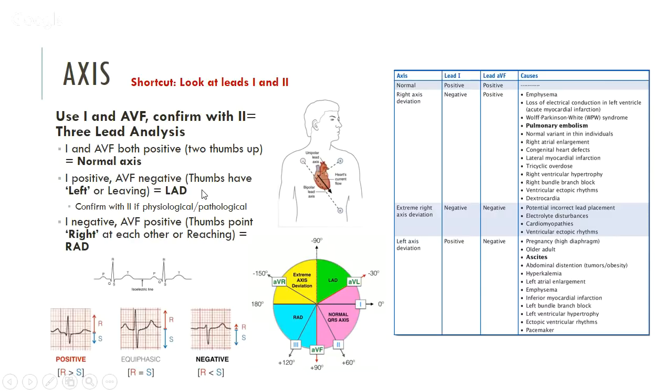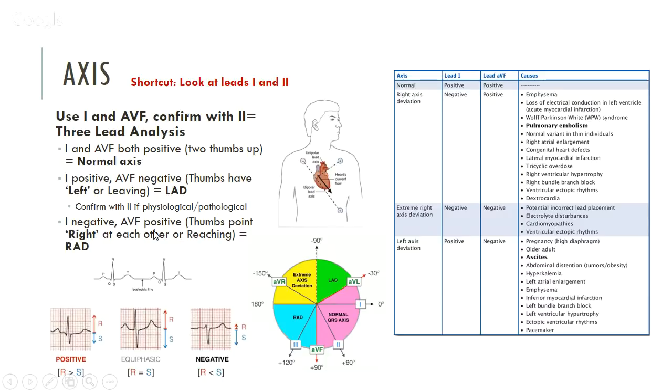And in left axis deviation, it's leaving. So lead 1 is positive and AVF is negative. So the leaving, or the left axis deviation. In contrast to the right, so it's right axis deviation, where the 2 are pointing right at each other, or reaching each other.